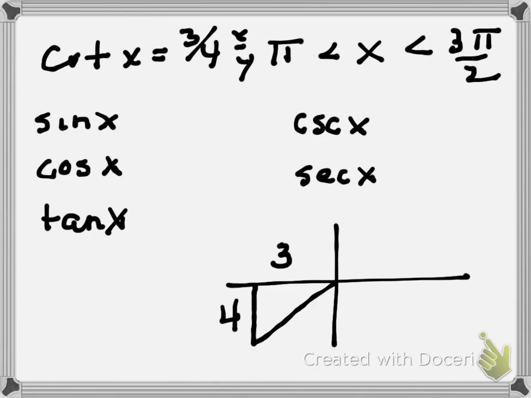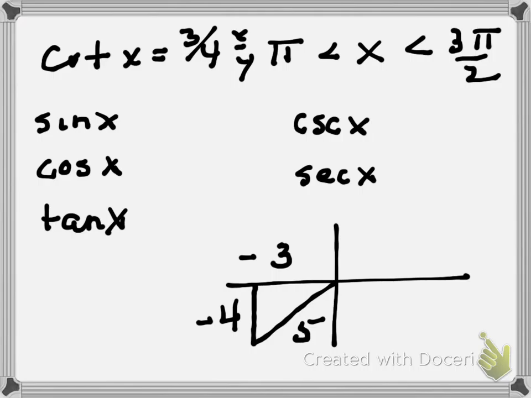However, again, by making the diagram, they're not positive 3 and positive 4. They're negative 3 and negative 4 because x and y are negative in the third quadrant. And then again, this is a 3, 4, 5 right triangle. I don't think I need to do the Pythagorean theorem with you again.